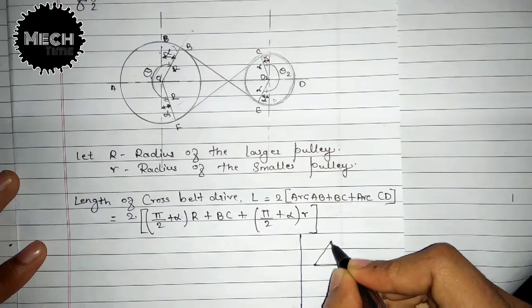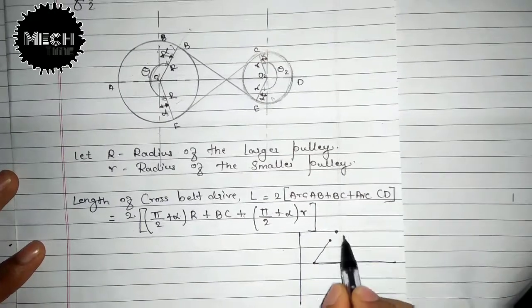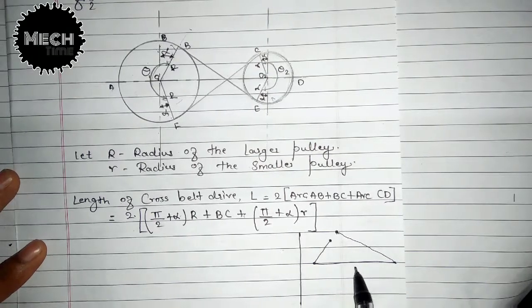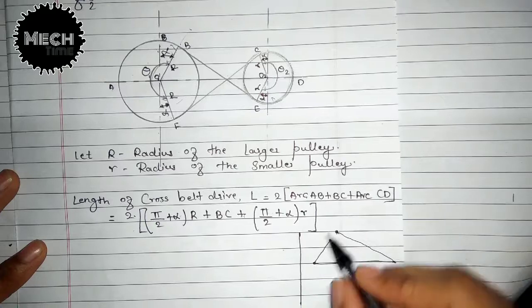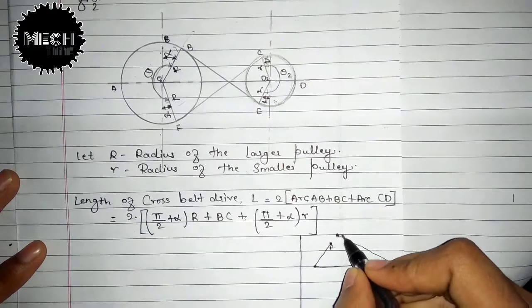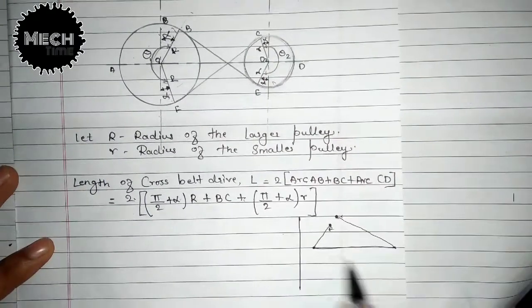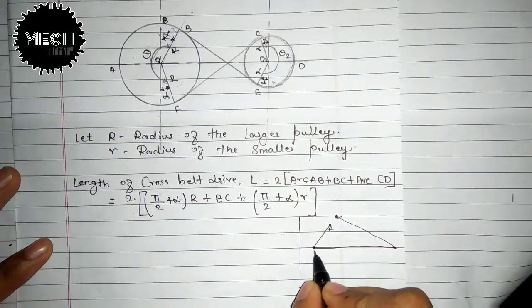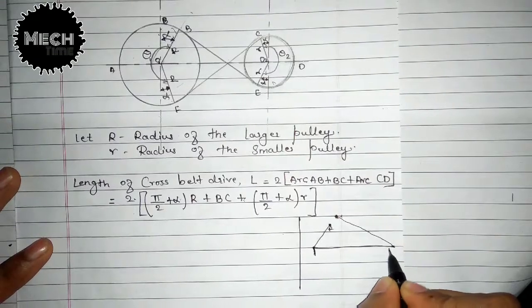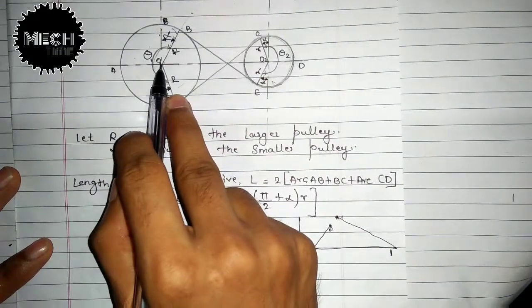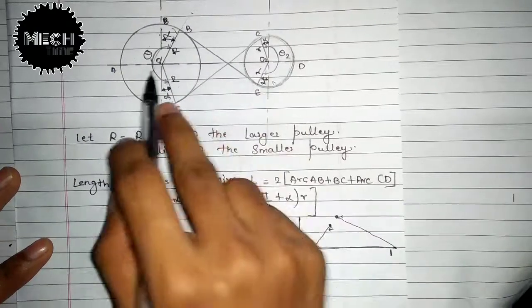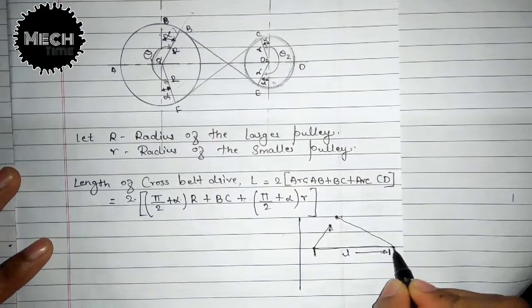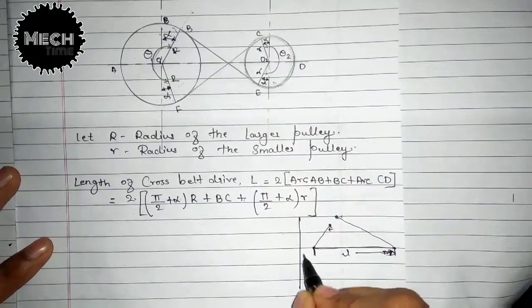This is my capital R, this is my small r, and the triangle will be like this. The distance between the two pulley centers is L.